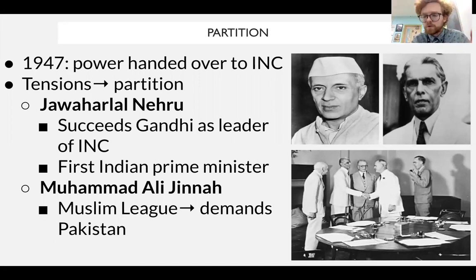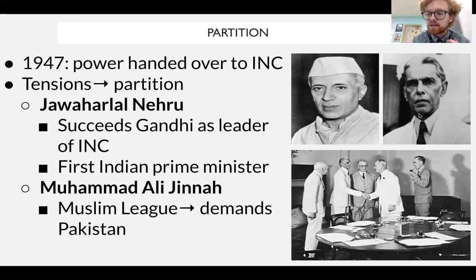Nehru is going to be the first prime minister of India, but he has this intention of keeping India together. He's wanting to secularize India, to make it so it's not a majority Hindu country, it's not a minority Muslim country. There's no state religion. So really, Nehru has this appeal, and he wants to talk to the Muslim League.